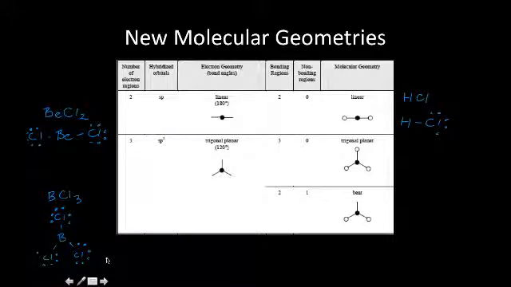So we have these different shapes, and there are certain situations where you might have one lone pair that is present, followed by two bound atoms, and in that case we don't have two lone pairs.